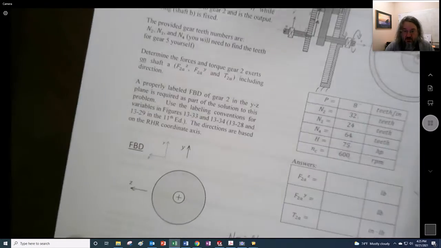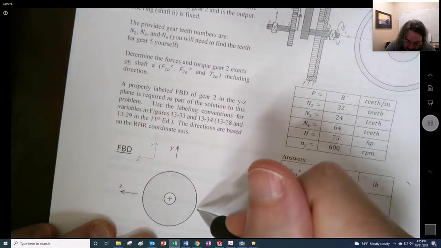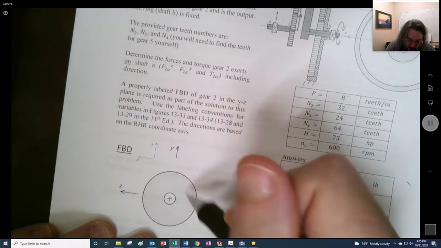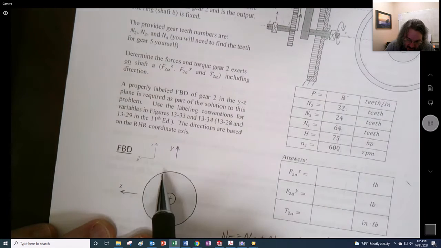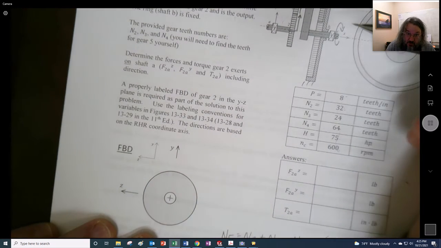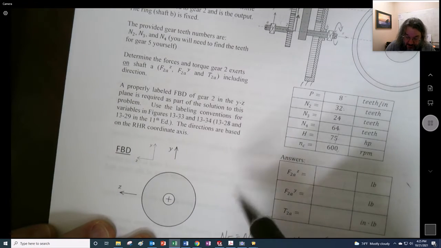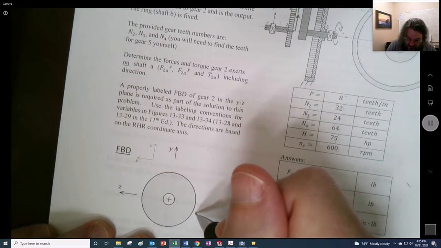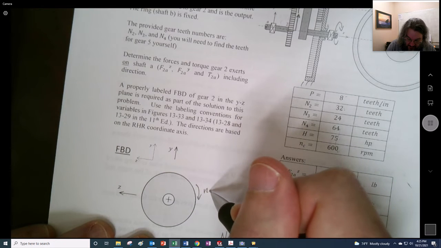Let me backtrack a little bit. The output shaft, the output, right? So we're looking down, from this direction, at this gear right here. He's going to rotate clockwise, here's his rotation.